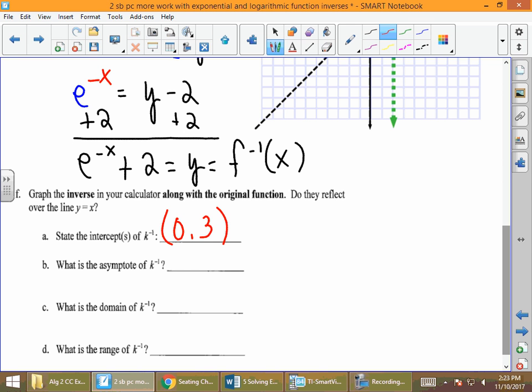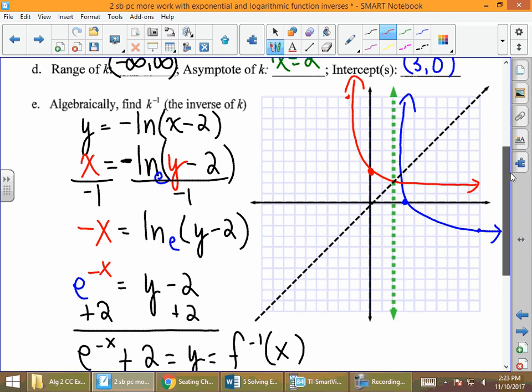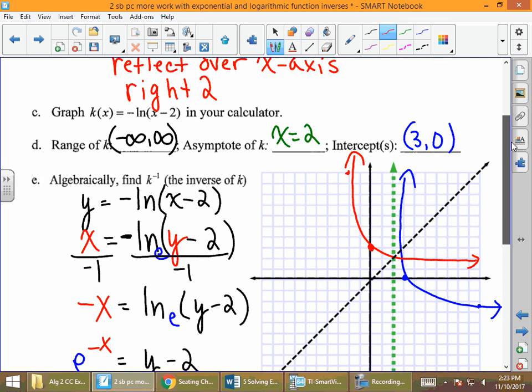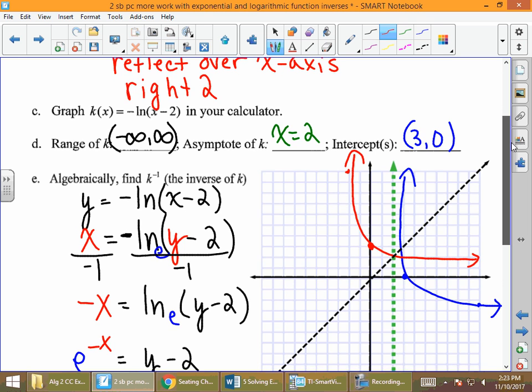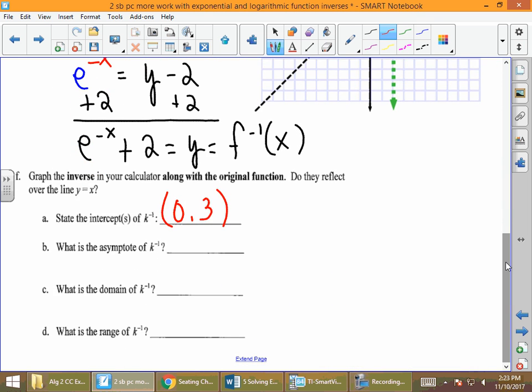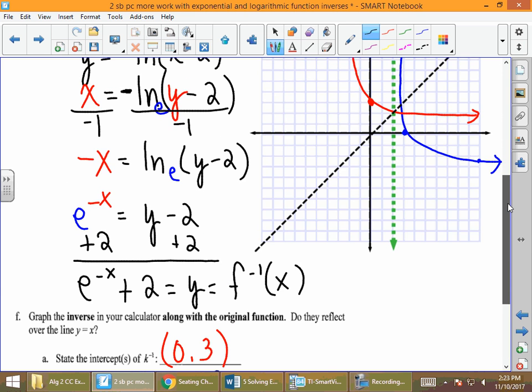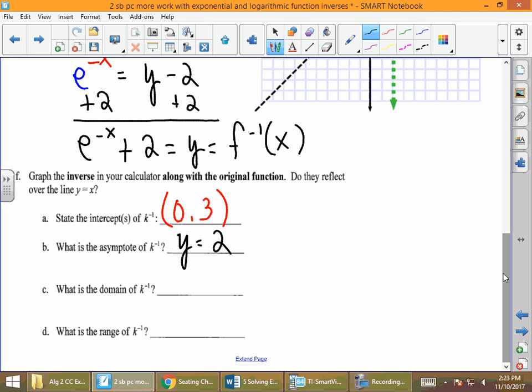And let me stress again, inverses: we switch the x and the y. So when we switch the x and the y, originally our asymptote was x equals 2, so now it's going to be y equals 2. The domain of the inverse is coming from the range of the original function.